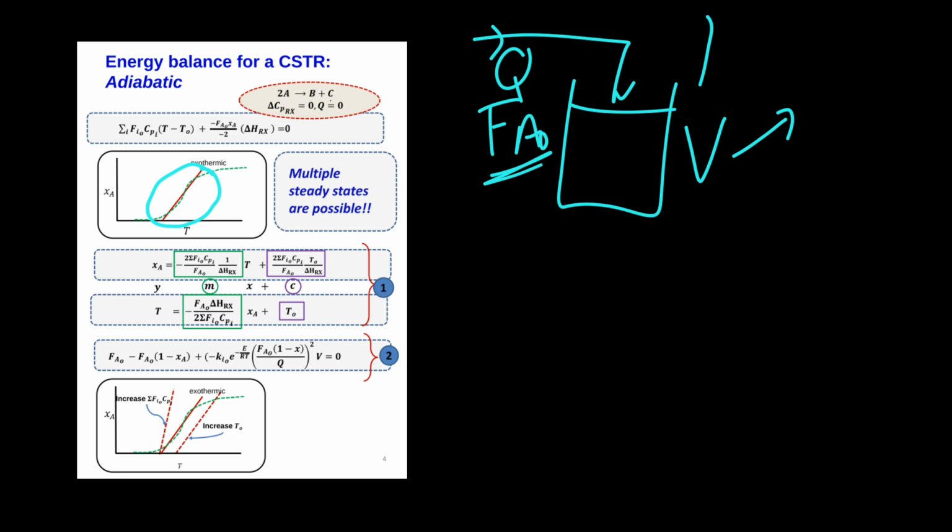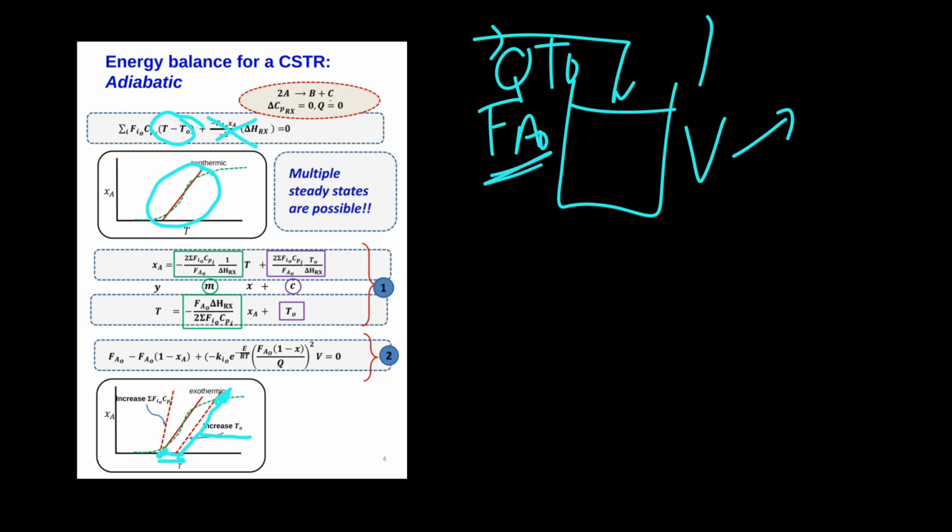You can manipulate your energy balance by increasing your inlet temperature to the reactor. When X is equal to 0, the temperature will simply be equal to that inlet temperature. That's that position over there. I shift my whole energy balance to the right-hand side, and I move the equation so that it just intersects my mole balance once.